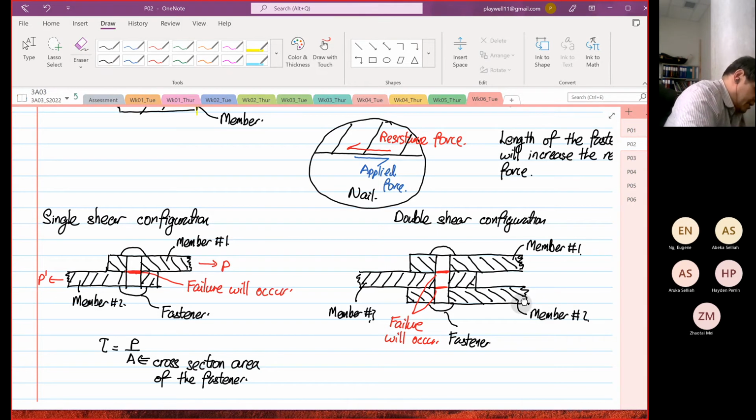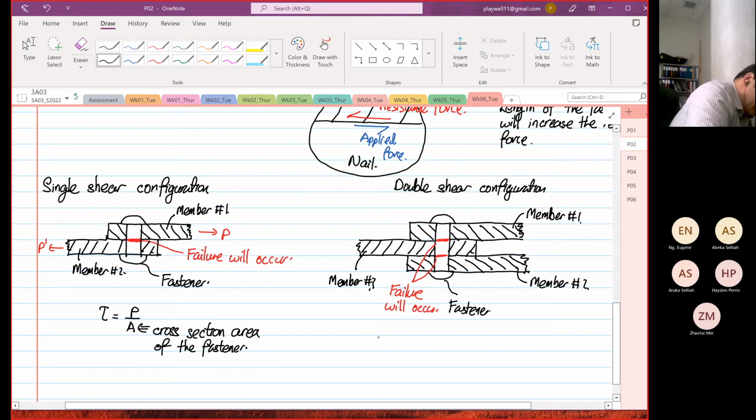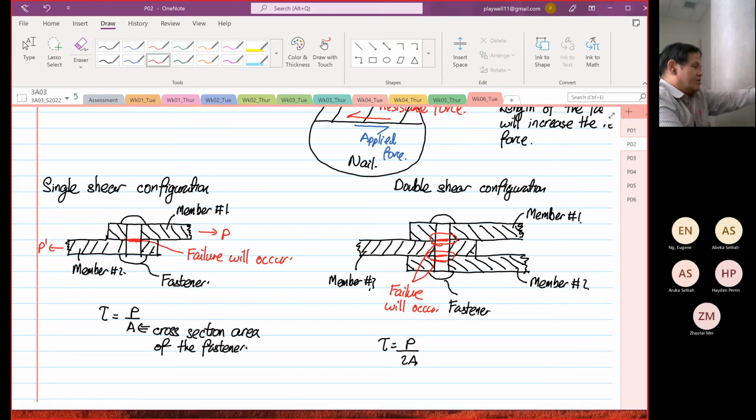So when this is the case, the shear stress is equal to P divided by 2A. Why 2A? Because failure can occur either in this area or this area. And we're going to assume that it's going to fail at both shear lines.